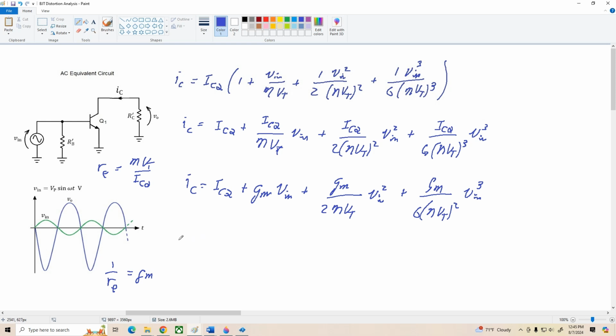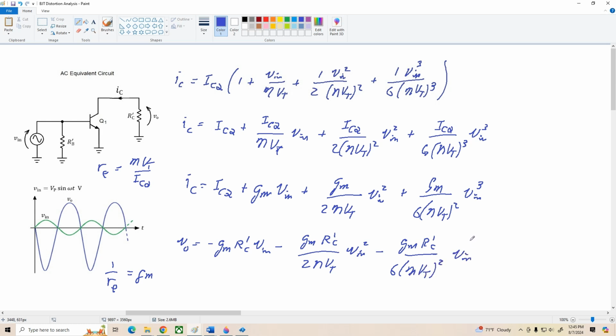So what we end up with is V out equals negative gm times R prime C times V in minus gm times R prime C over 2 eta vt times v in squared minus gm times r prime c over 6 times eta vt squared times v in cubed.